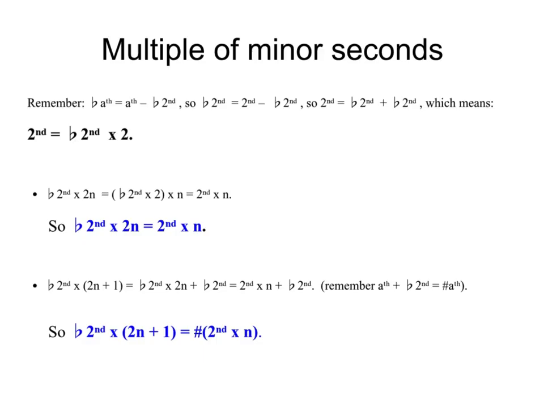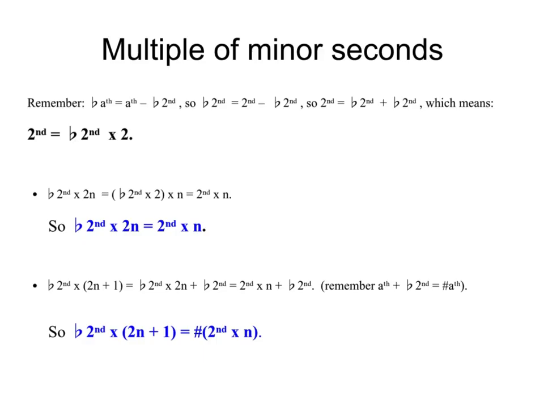It's a bit like if you know that 12 times 2 is 24, and we know that 6 times 2 is 12. 12 is double 6, and since you need to multiply 12 times 2 to get 24, then you'll have to multiply 6 times 4 to get 24, because it's half of it. And so a minor second times 2n is equal to a major second times n.